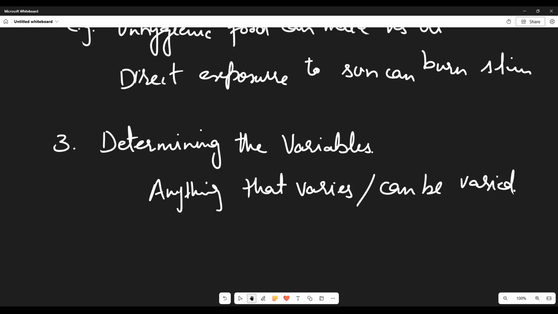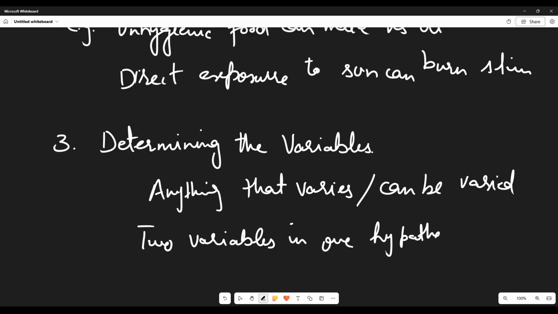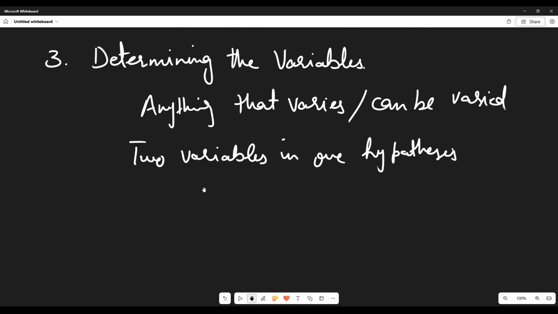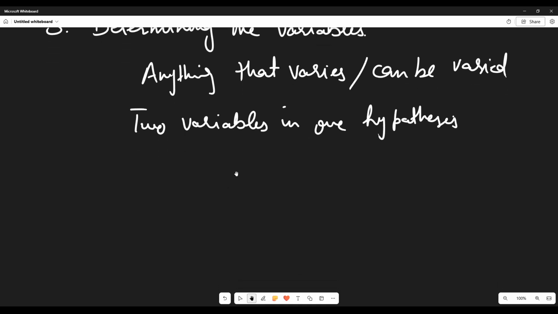For example, temperature, ability to recall, caffeine intake, etc. Generally, there are two variables in one hypothesis. Change in one variable leads to the change in the other one. On the basis of change, we can say that one variable is the cause and the other is its effect.